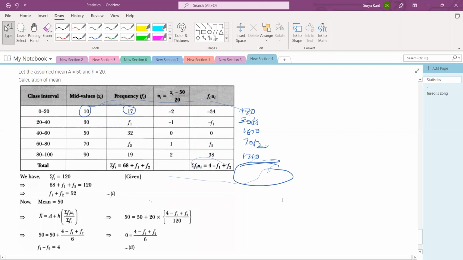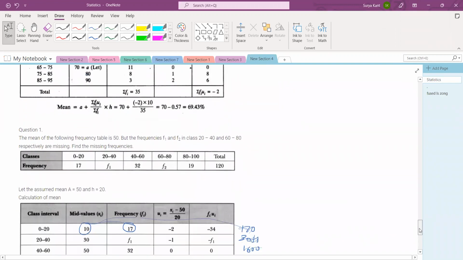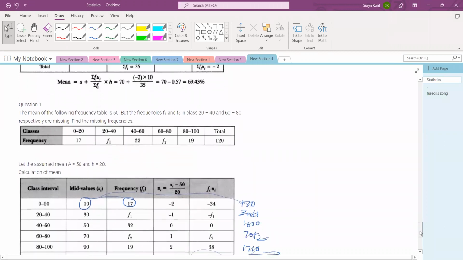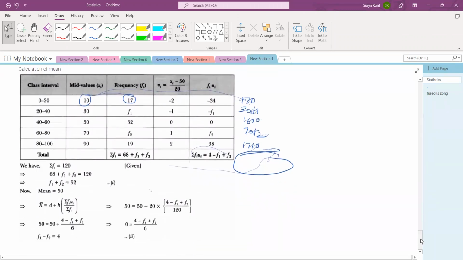Praharshan, you are having two unknowns, f1 and f2. Correct. So we know f1 plus f2 equals 52. They've given here the frequency table total. It would be very easy, sir, if we had only one variable. Here we are having two variables, that's why it's a bit difficult.